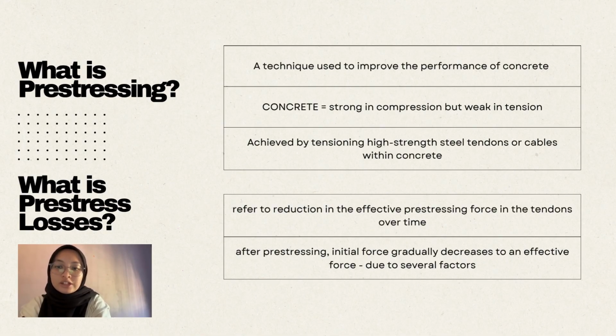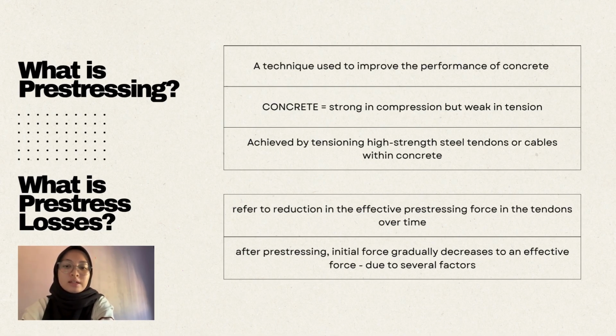This is achieved by tensioning high-strength steel tendons or cables within the concrete, either before casting or after hardening. For example, before the beam carries any external load, the tendons are stretched and anchored, causing the concrete to compress. And when the beam later carries loads, these compressive stresses offset the tension, reducing the cracks and deflection.